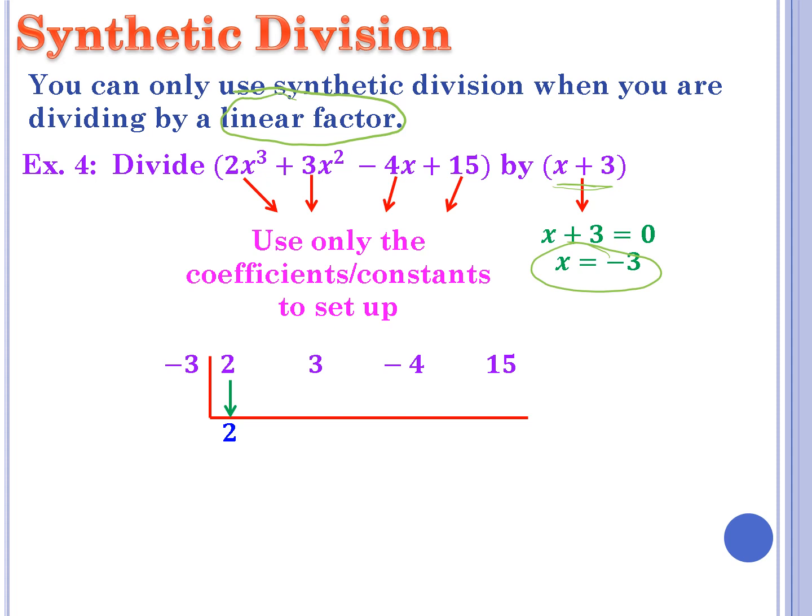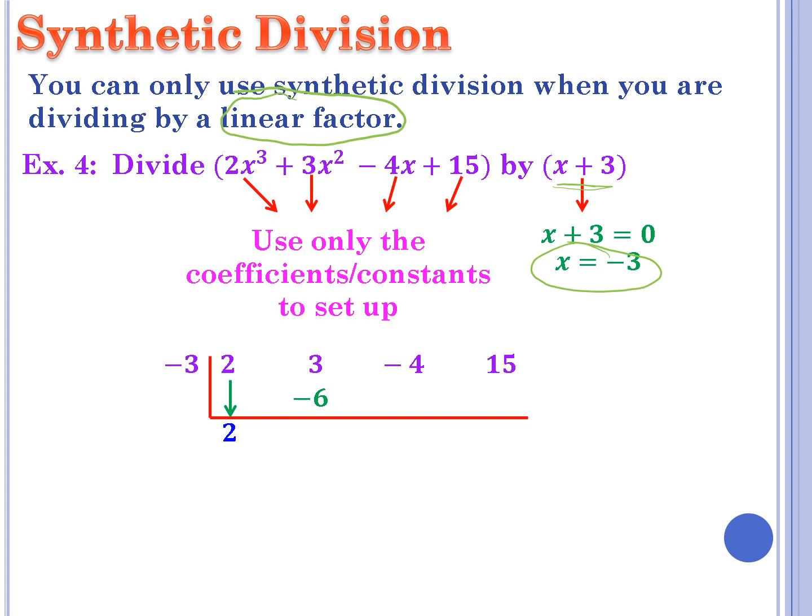Like I said, I always put the arrow there, so my mind goes, nothing can go there. So we pull down the first number, and then we say, -3 times 2 is -6. Now I'm going to put that -6 underneath the second term.